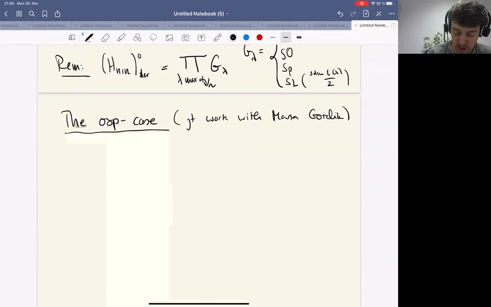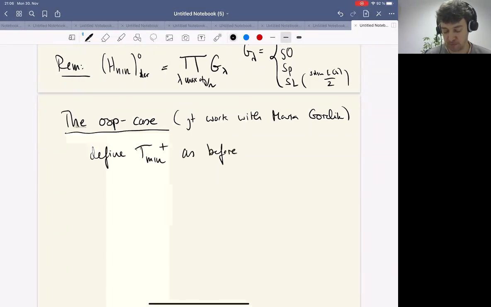So of course, you can define the semi-simplification. Of course, you can define this subcategory T_{m|n}^+. And then I want to have this induced functor.